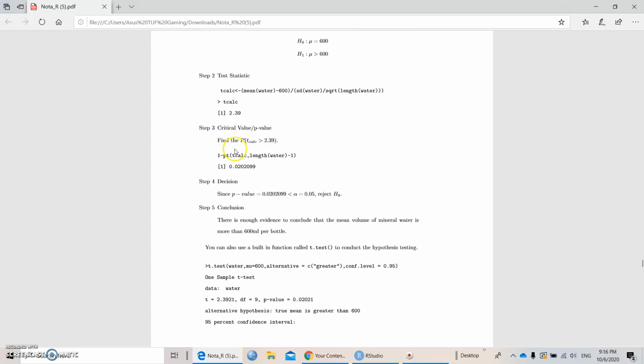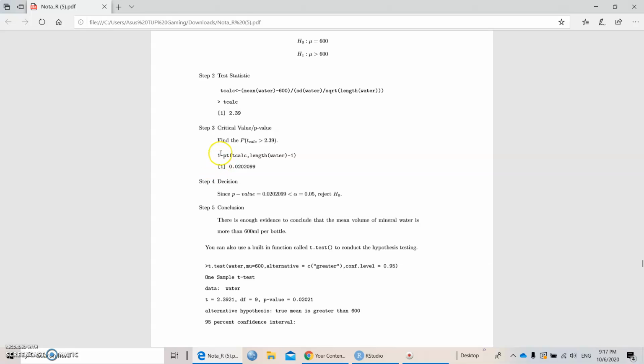And then find the critical value. Since the area of rejection is on the right hand side because the alternative hypothesis is mu greater than, we use 1 minus pt. The pt function in R determines the probability of less than, which is the left hand side. Since in this case the test is on the right hand side, it's a right tail test.